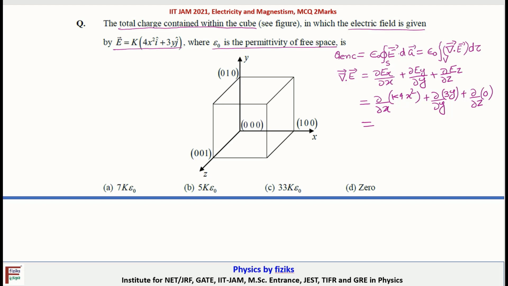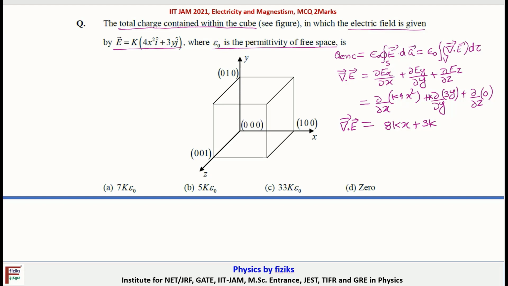So this will give you 8kx, and in the y component also k is a constant, so that will give 3k. So that is the divergence of E.